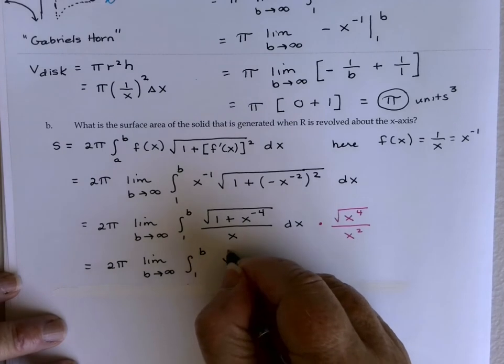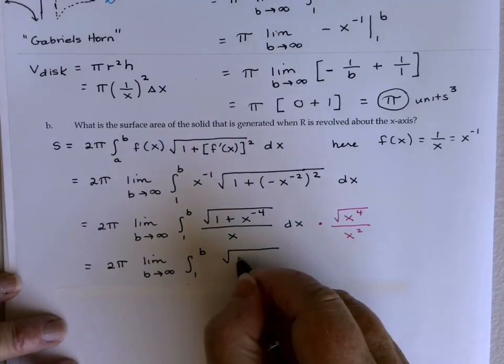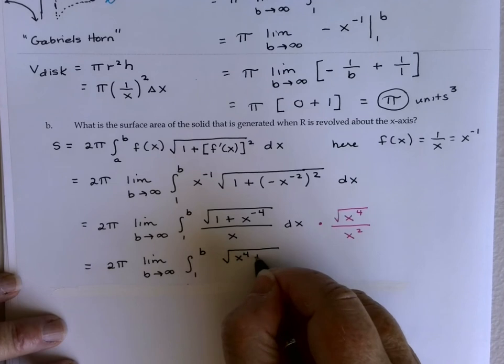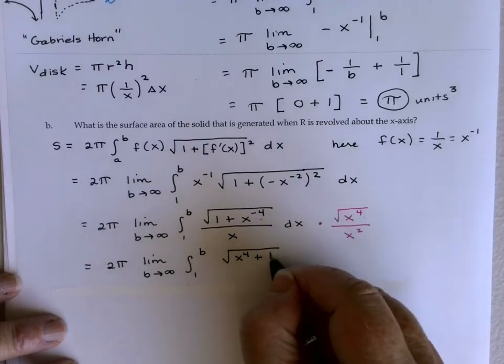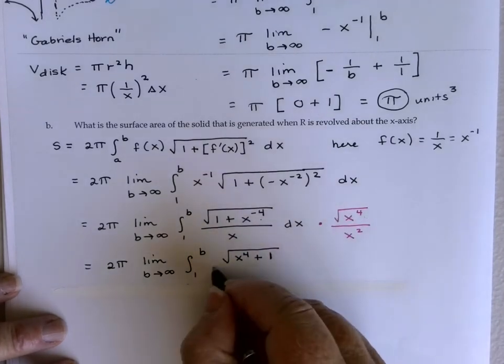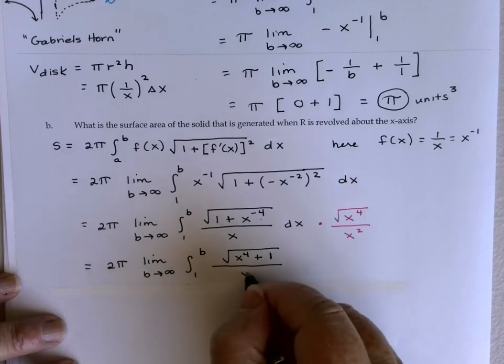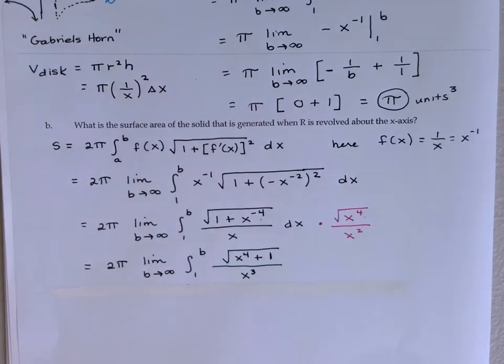Under my radical now, I have x to the 4th plus that becomes x to the 0, which is just 1. And in the denominator, I have x cubed. All right, a little bit better, but not quite what I want yet.